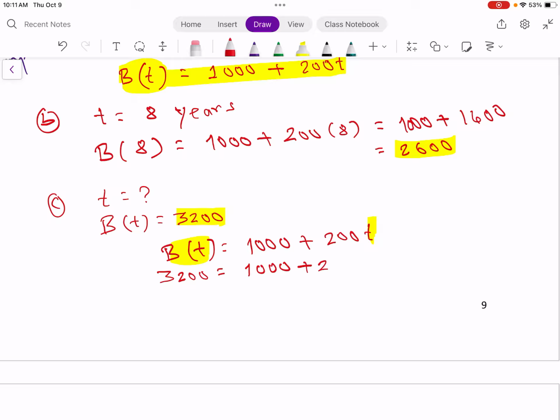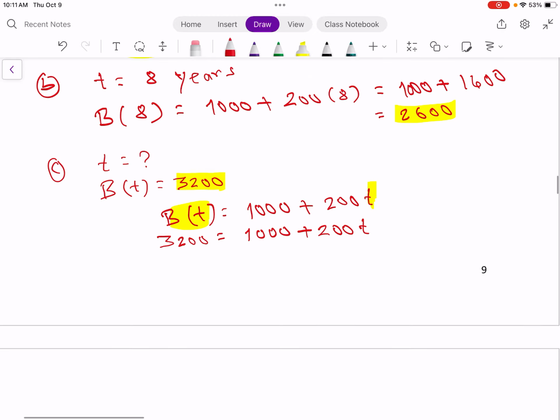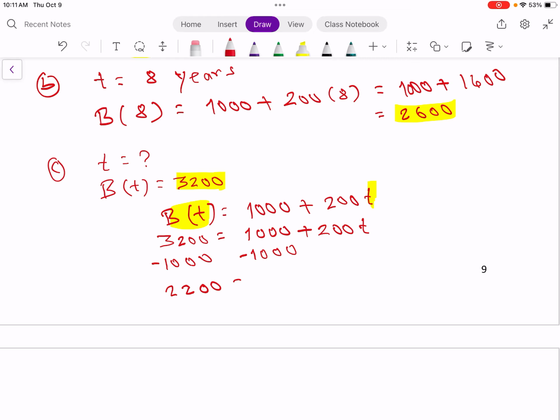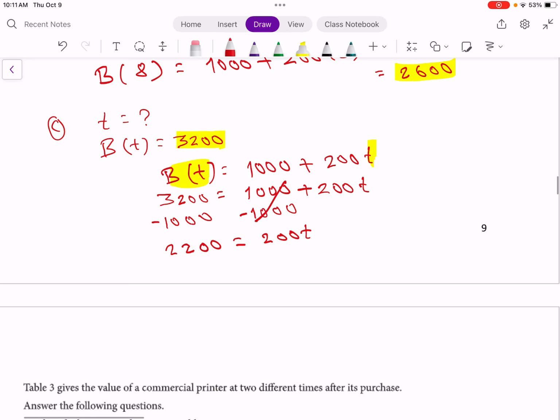Now we subtract 1,000 on both sides. So this is 2,200 equals 200t. We divide both sides by 200. So 11 equals t.